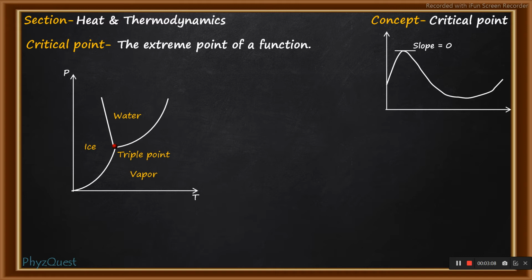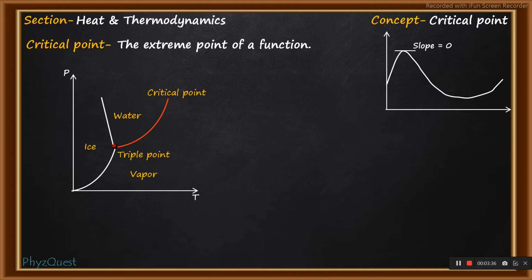Out of the three curves, the liquid vapor phase curve, or the boiling curve, separates the water and the vapor phase. On the curve, both the water and the vapor phase coexist. The point at which the curve ends is called the critical point.